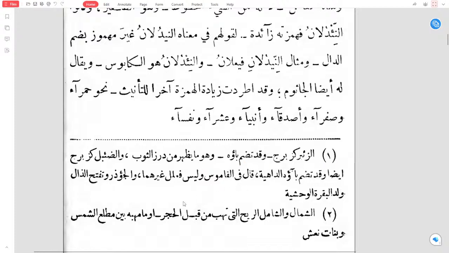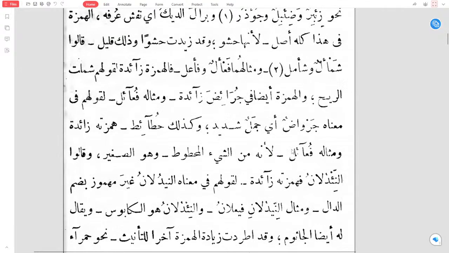So it's a kind of wind that comes from the direction of Hijr in the Hijaz. It's a wind that comes from a certain direction. We call it شأمل. Yeah, this does come in poetry as الشمألي. ومثالهما فعل وفعل. فالهمزة زائدة. This hamza will be classed as being extra because they say شملت الريح.